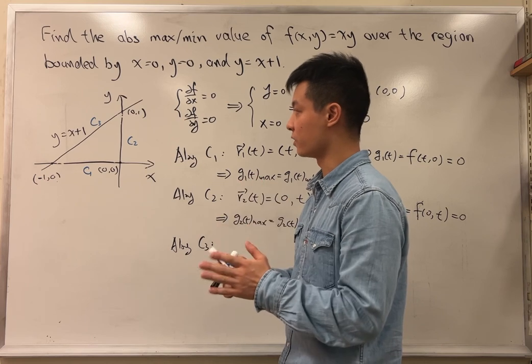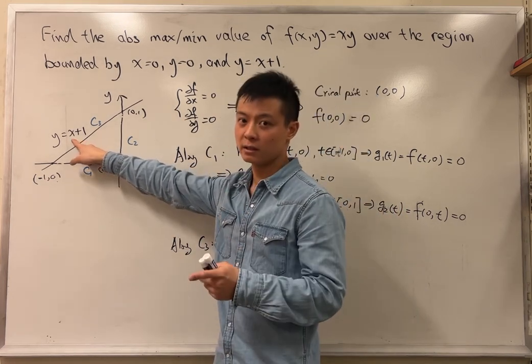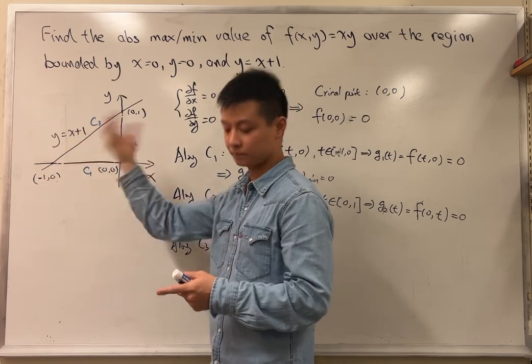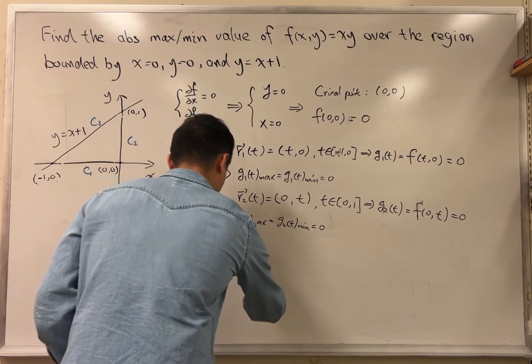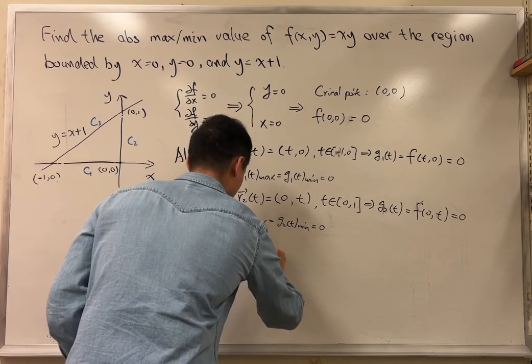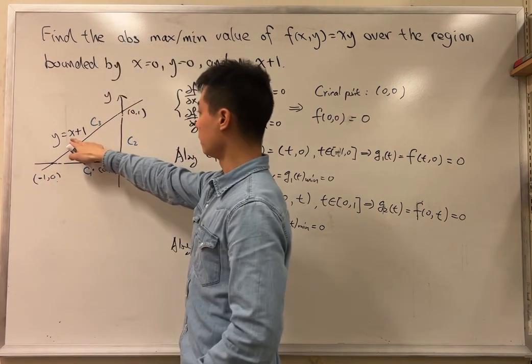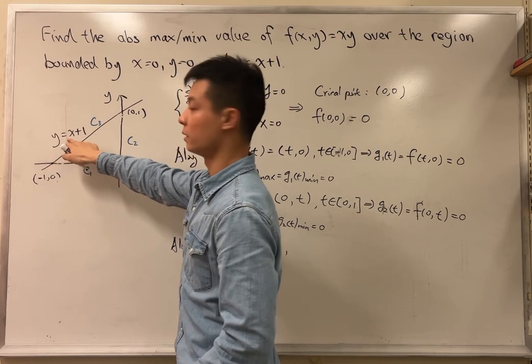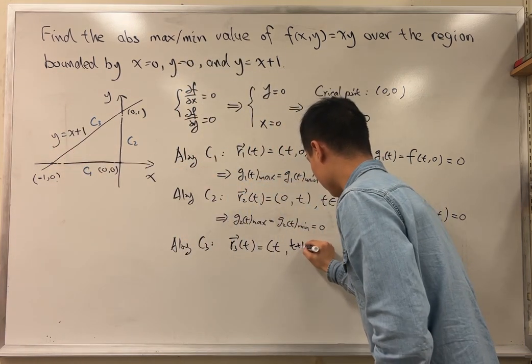One of the easiest ways is to let x be t, and then solve for the y value from there. We're going to denote this by r3 of t. Let x equal t, and then because x is equal to t, we see that y is equal to t plus 1.